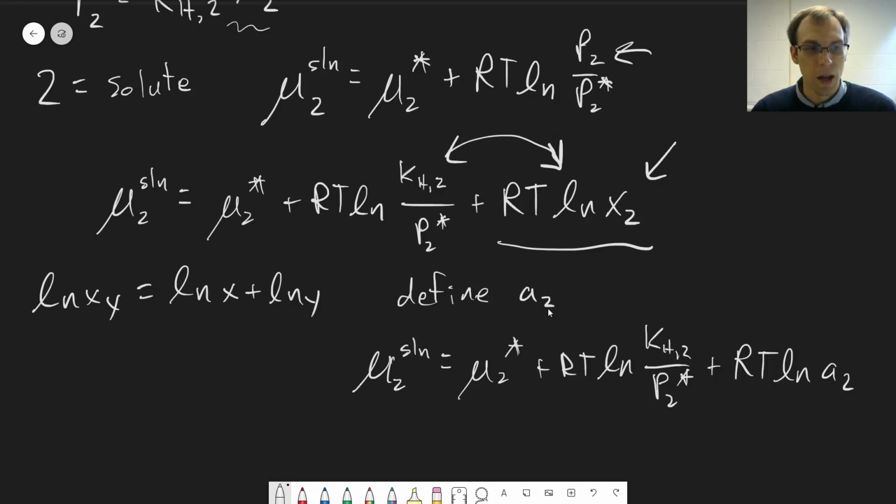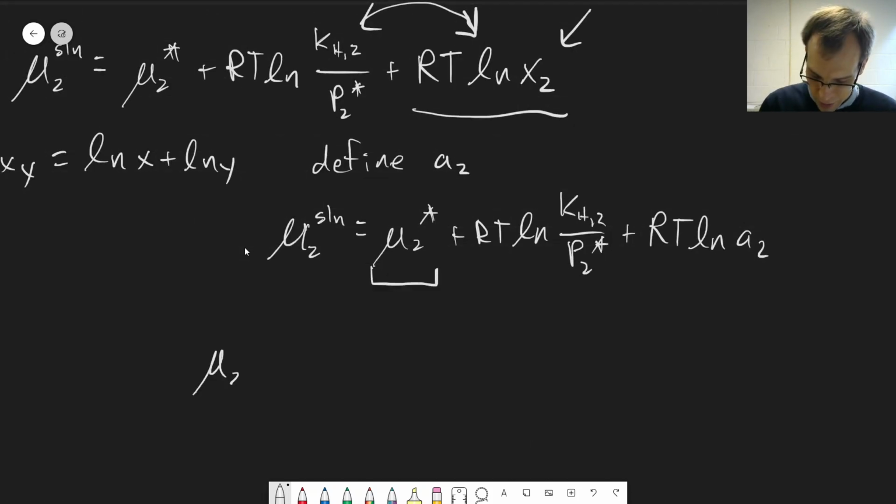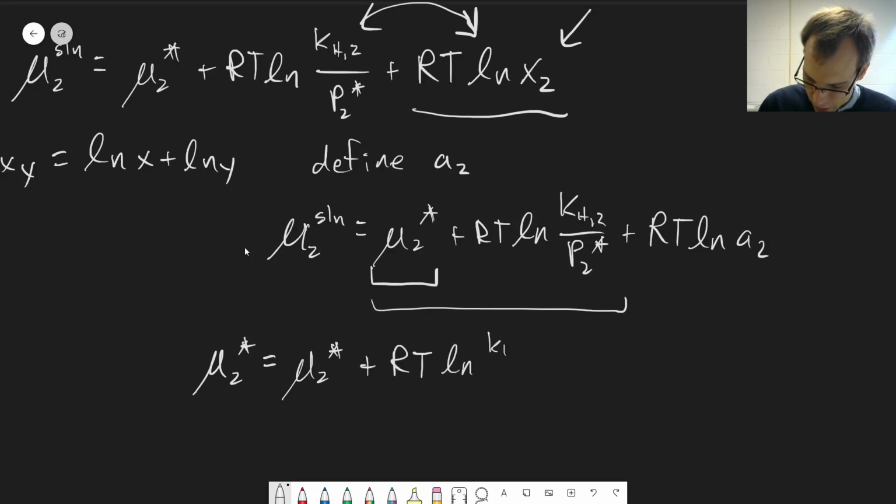Now we want to define our standard here, so mu2 star. We define it such that mu2 star is equal to this whole thing plus RT natural log of KH2 over P2 star, meaning that this second term goes to 0.